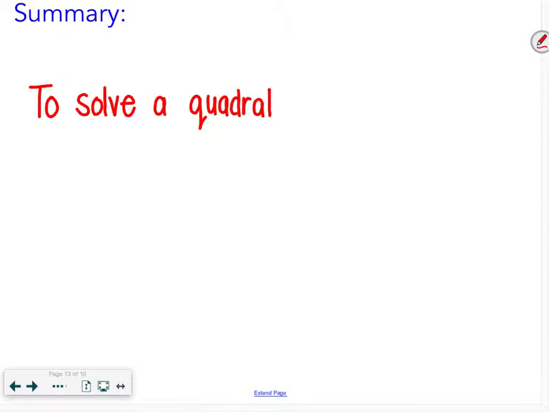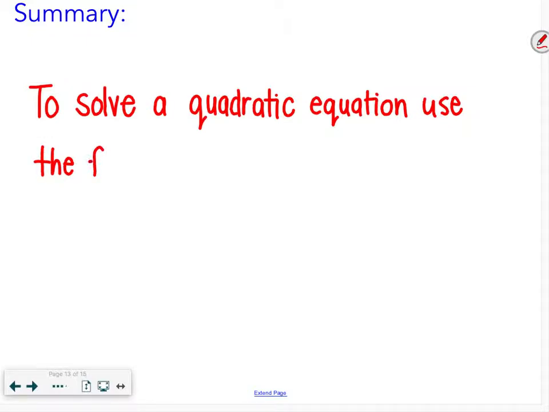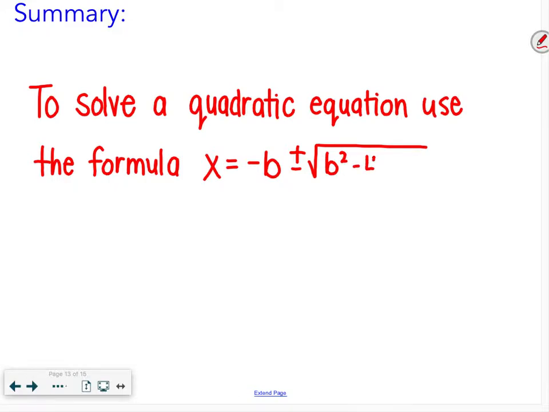So we'll say to solve a quadratic equation, use the formula x equals negative b plus or minus the square root b squared minus 4ac.